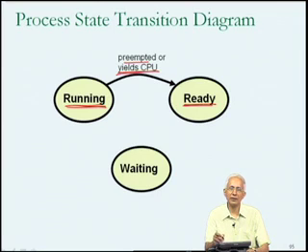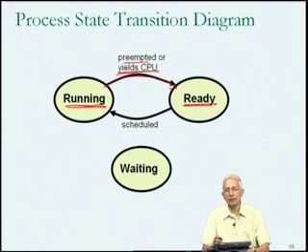It is not waiting for anything to happen, it is ready to actually start running once again. That is why we see this arc going from the running state to the ready state. Okay, now under what conditions could a process move from the ready state to the running state? We look at an arc going from the ready state to the running state, and we see that the label on that is scheduled.